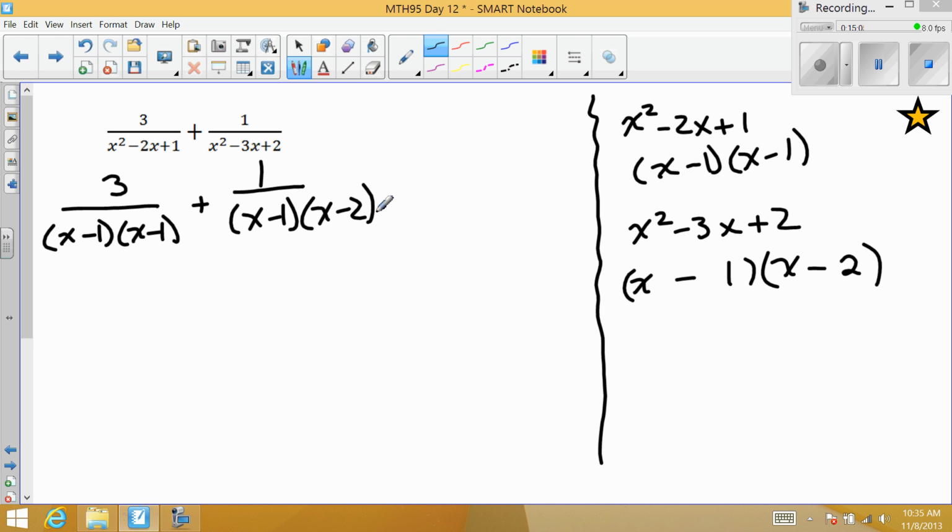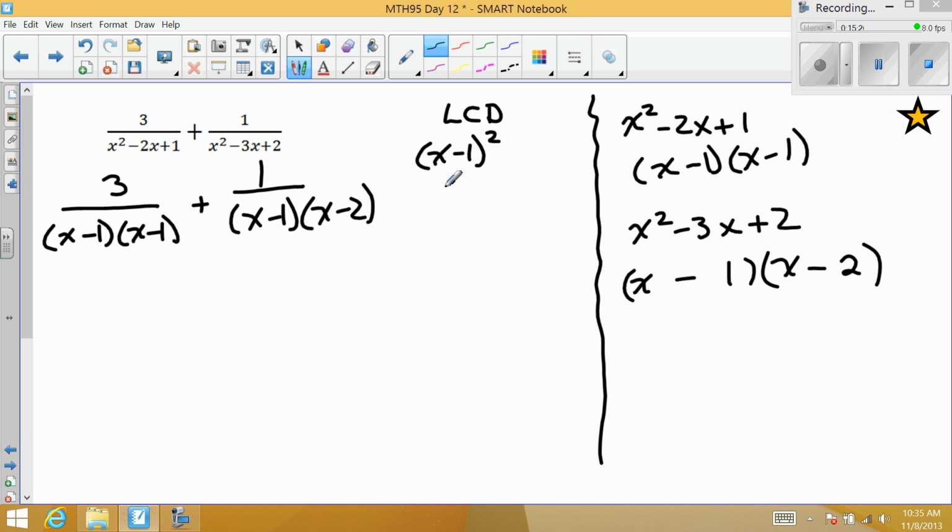Okay, so our LCD, we've got x subtract 1s, and we've got x subtract 2s. In the first expression, there is an x subtract 1 times an x subtract 1. It's showing up twice there. So I will need the x subtract 1 twice in the LCD.